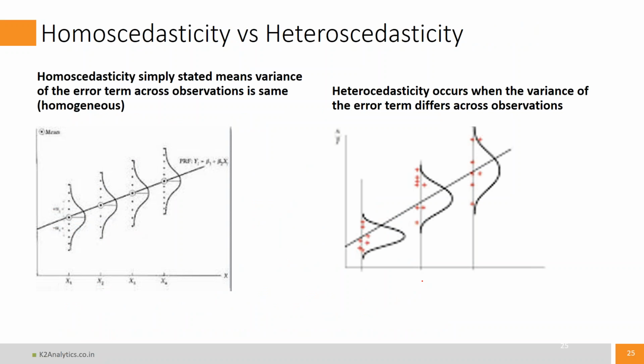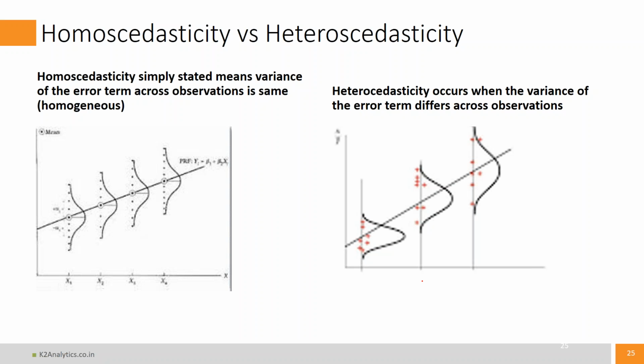Now one final thing. When you build a linear regression model, there are certain assumptions which are made. Frankly speaking, when we nowadays build models in data mining, we keep aside these assumptions. We don't even test them.